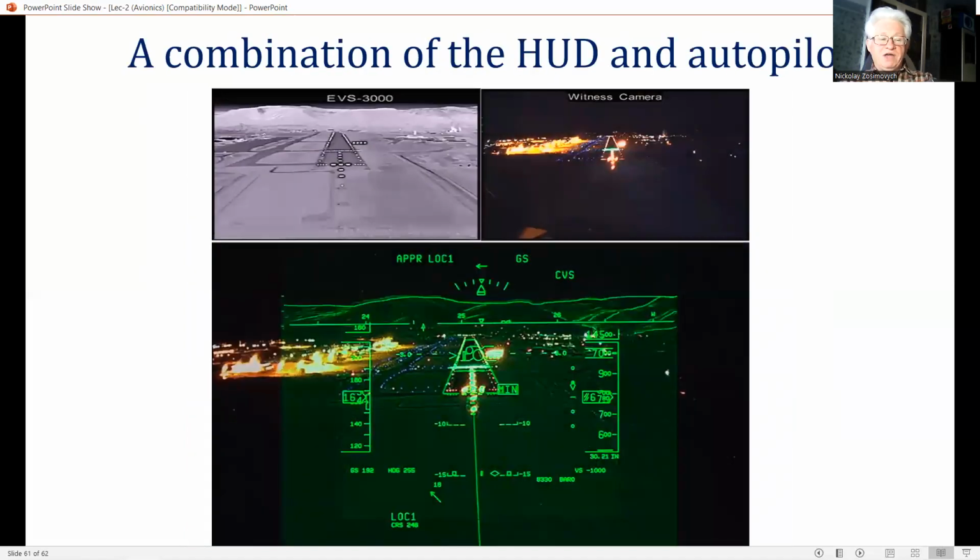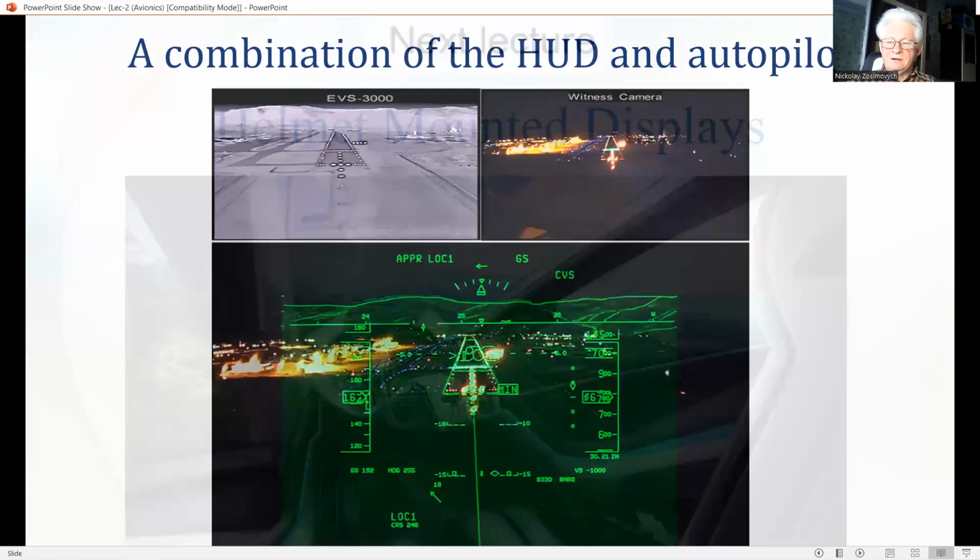A combination of the HUD and the fail-passive autopilot provides a cost-effective solution for extending the poor visibility operation of many air transport category aircraft.